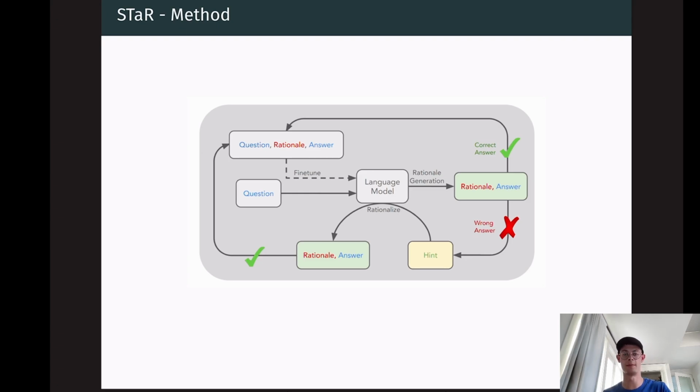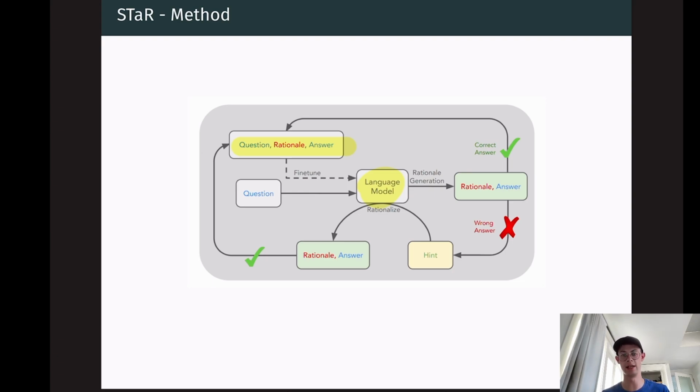Suppose we have some data set X and its answers Y. What we can do is use a language model, as you can see in the middle here, to generate rationales. If that rationale ends up leading to the correct answer, then we can add that to a database of question, rationale, answer, and we can start fine-tuning the language model on those rationales.